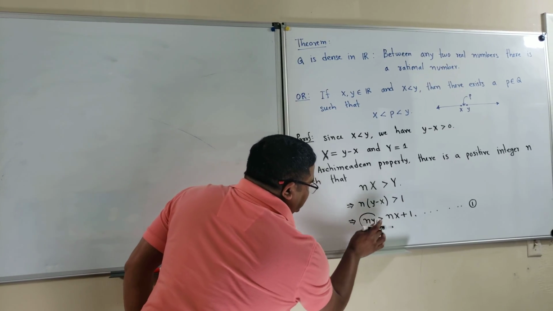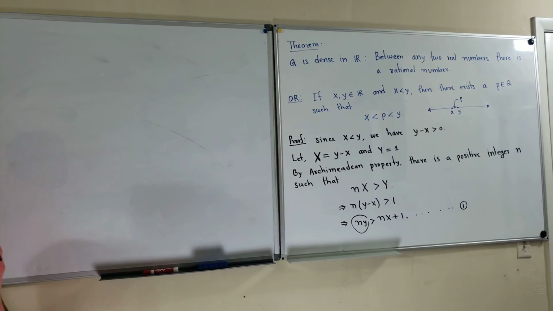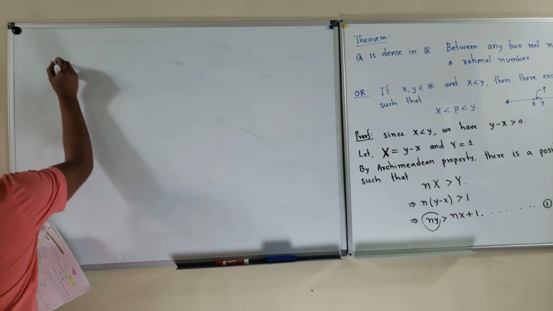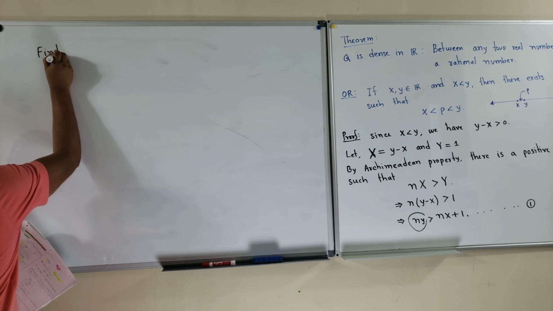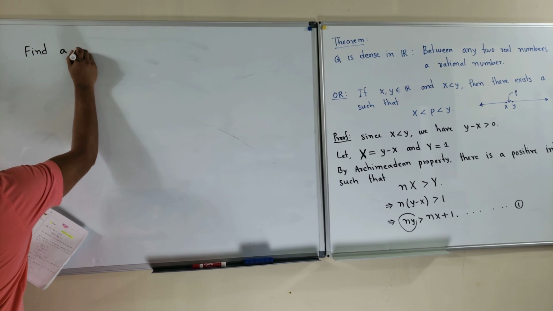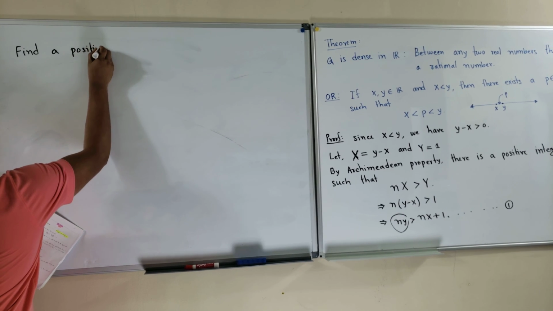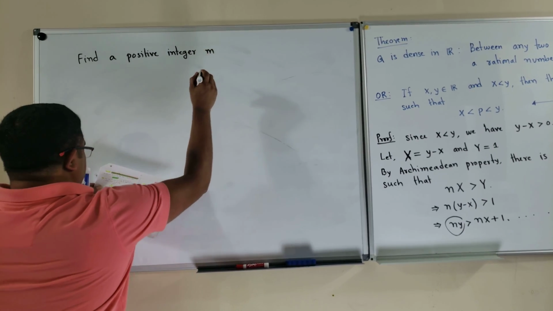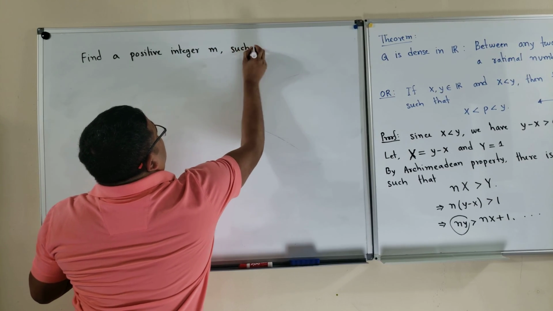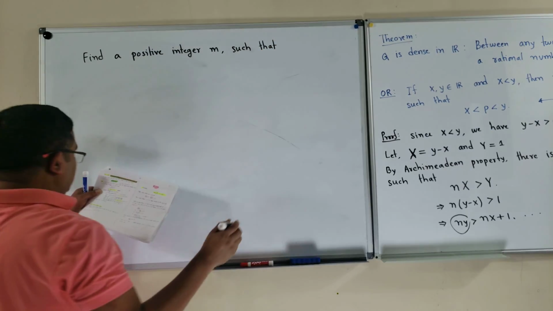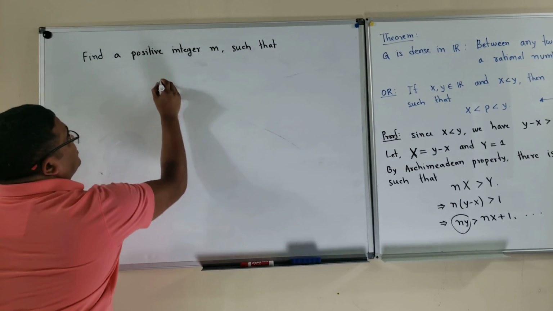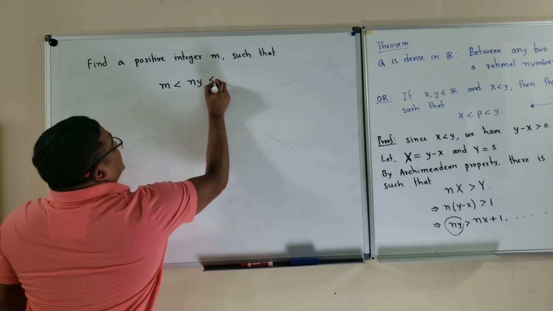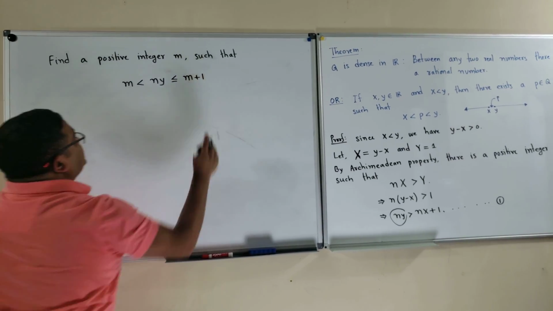This is a number. So what we want to do, we want to find a positive integer m such that this ny is between them. That means m less than ny less than m plus 1.